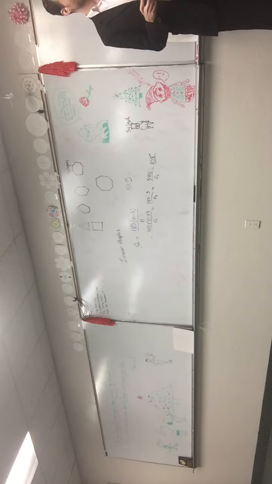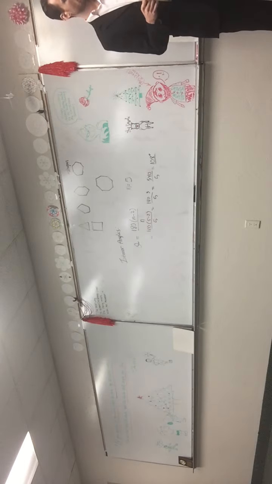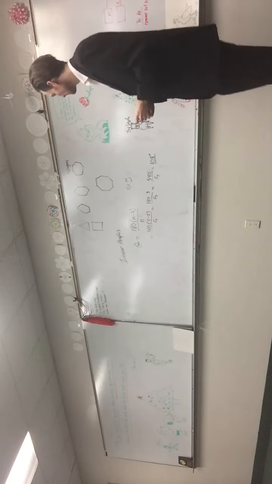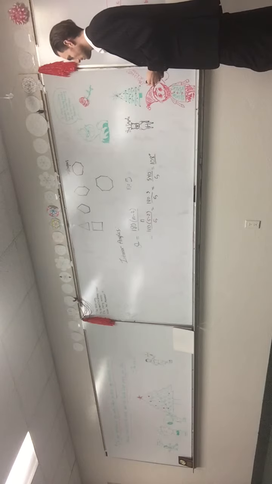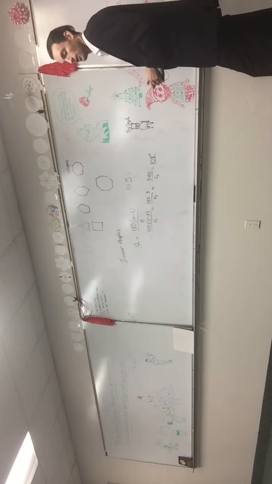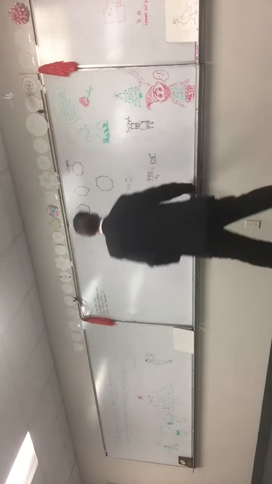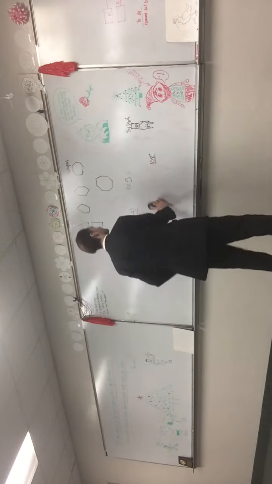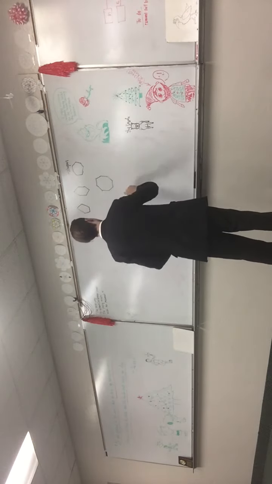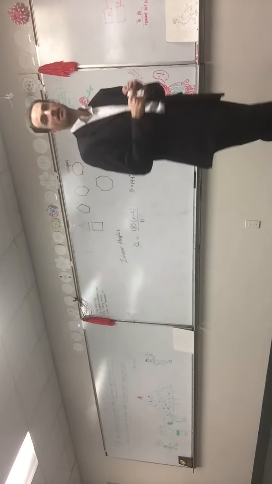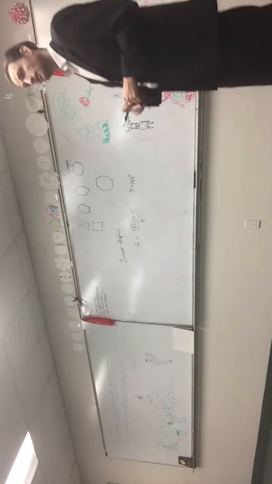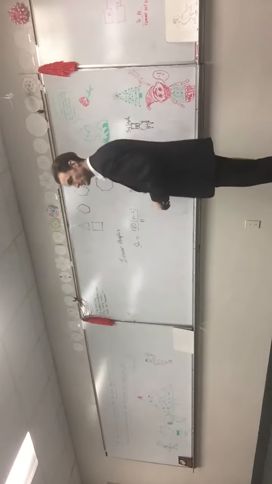Okay, so what if I tell you that theta equals 144 and I say find n, find the number of sides of this polygon? See if you can do this on your own.